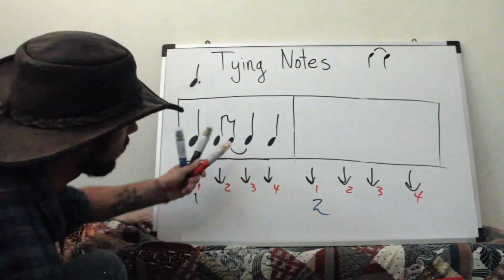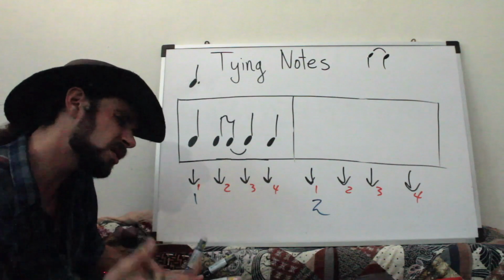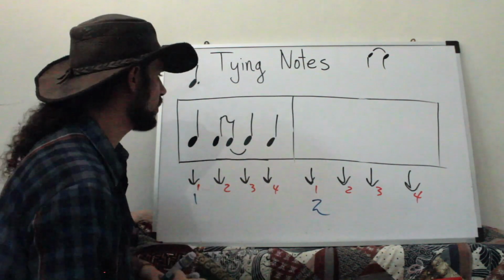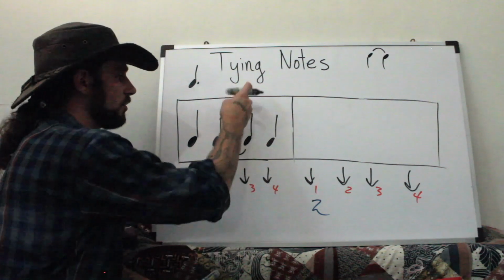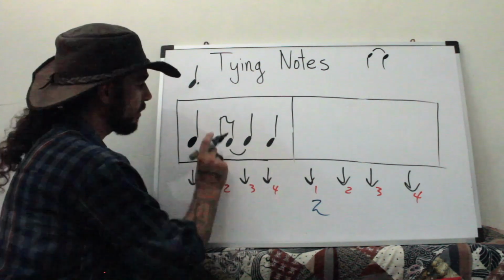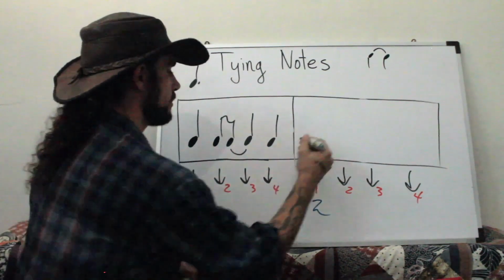I'll show you another way to write this. I would say it's not the correct way, just so that you could start to see what I'm talking about, how it's actually easier to read these cliches when you don't cross that center line and by tying notes together. This same thing could look like this.